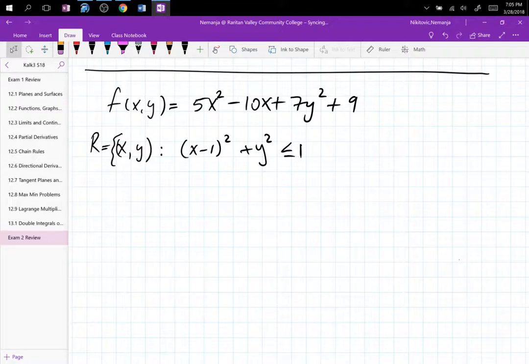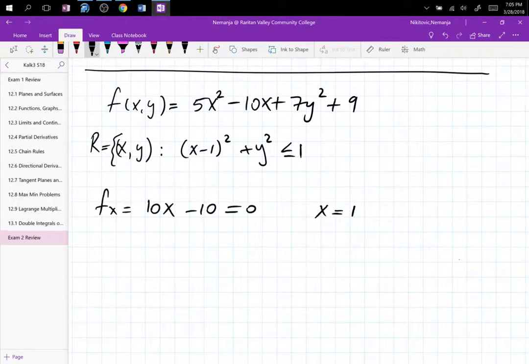So we have two procedures to worry about here. It's the standard procedure that we know, first partial derivative, second partial derivative, do all of that kind of stuff. And then also look at the edge and find out if there are any max values there. So let's go, fx. That's 10x minus 10 equal to 0, x equals 1.